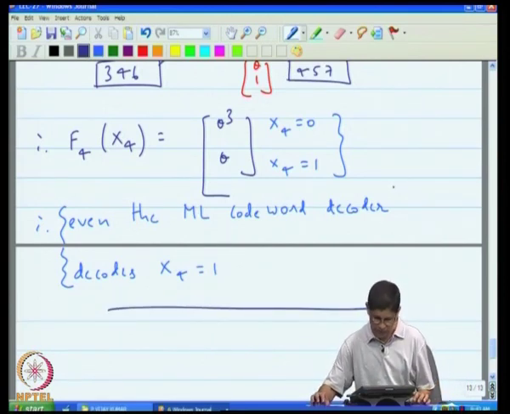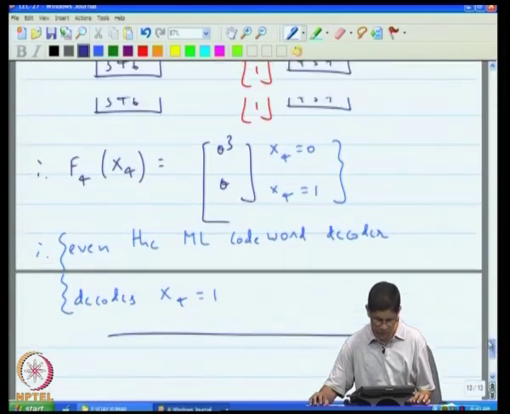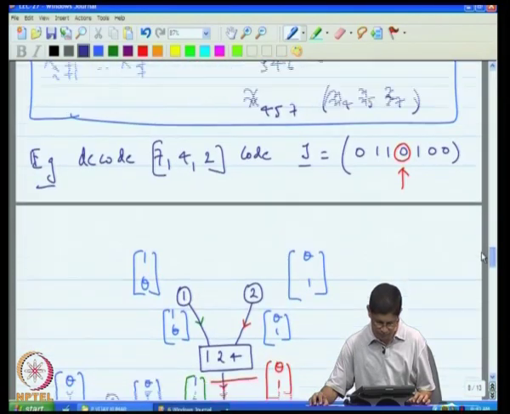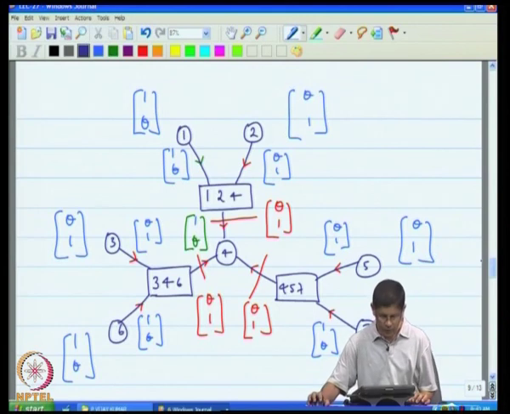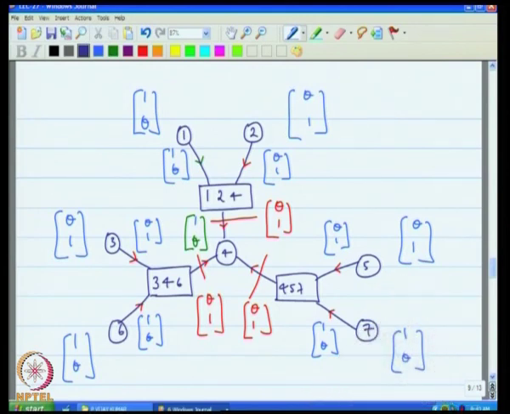Now, the other question you might have in your mind is, well, okay, you told me how to decode x4 on this graph, but what if I wanted to decode all the others? Well, there is no difference fundamentally, because a node is ready to compute its objective function when it has received information from all its neighboring nodes. So you can work out whatever schedule you want.